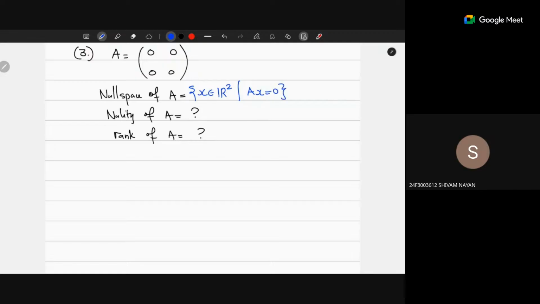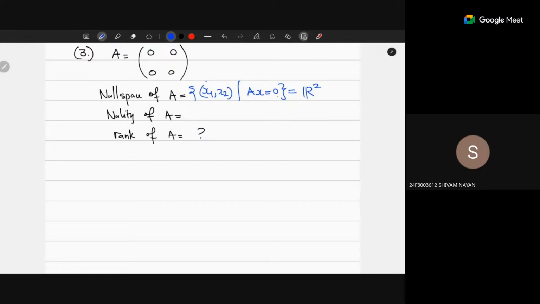Now for any x1, x2 in particular, this will be true. So it is the whole space R2, because x1 could be anything, x2 could be anything. If you multiply any vector with this matrix, you will always get 0. So every vector is in the null space of it. Okay. So the null space is the whole R2.